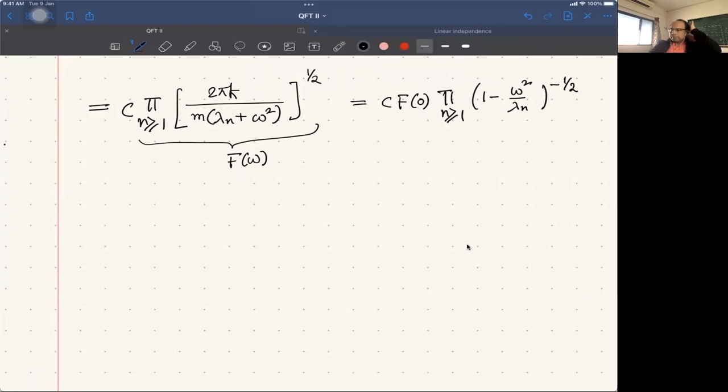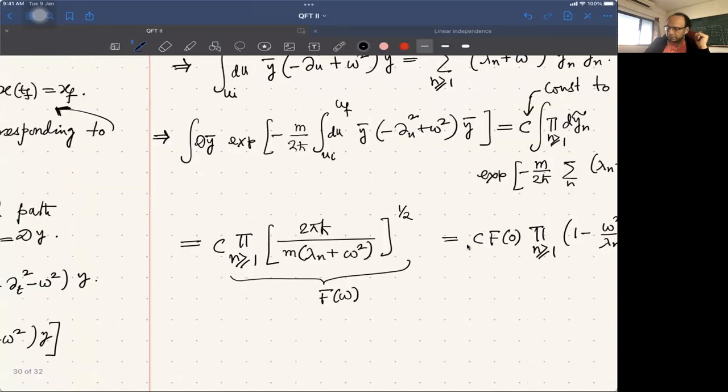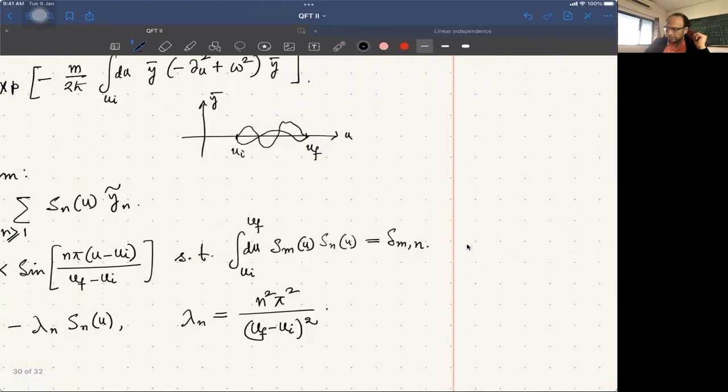Basically, f of omega can be written as f0 times this factor, where the expression for lambda n is this.